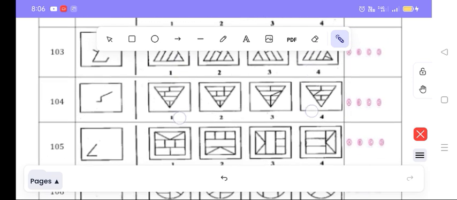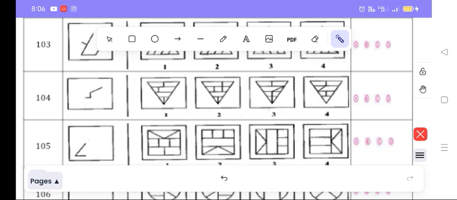Question number 104. In question number 104, you can see a small L shape and a slant line extending from the L shape. If you choose the L shape here in option A, you cannot get the slant line here. So A can't be the answer. Now let me take one more example. Here also, if you choose, you cannot take the slant line here.